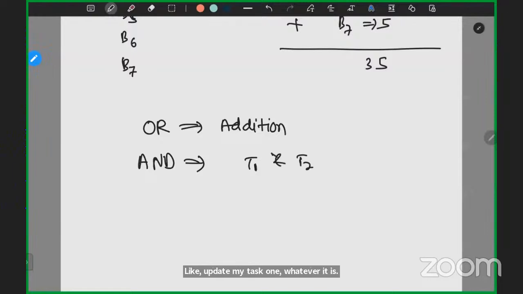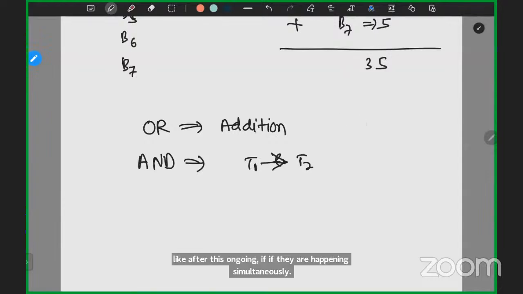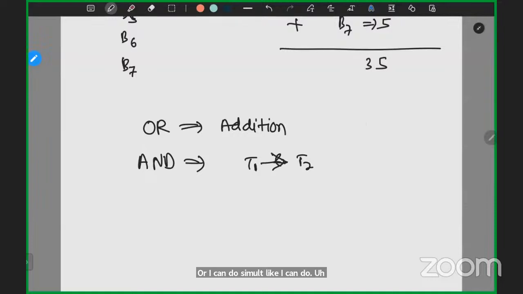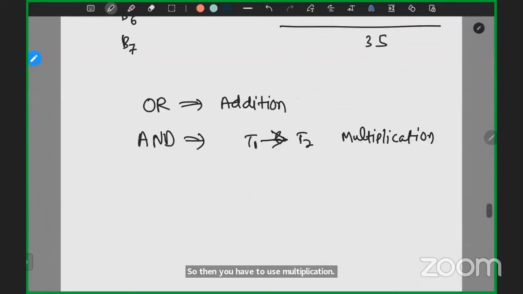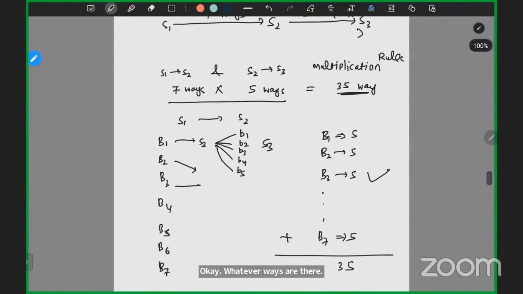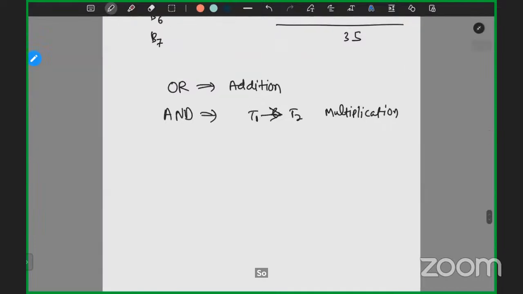After this only I go. If they are happening simultaneously, or I can do all together, then I can't use "or"; you have to use multiplication, whatever ways are there. So this is a very easy explanation of what the addition rule and multiplication rule are.